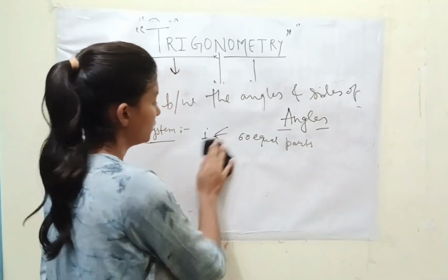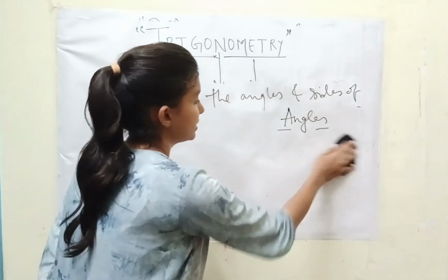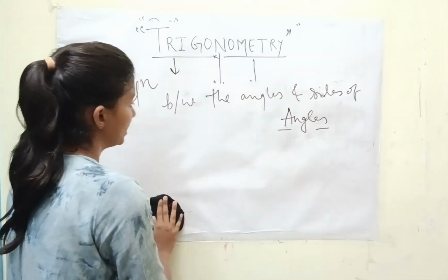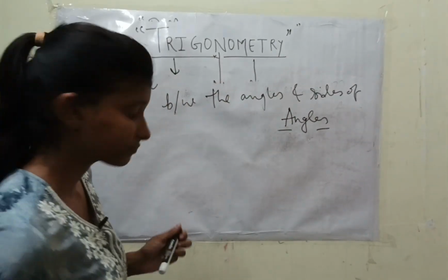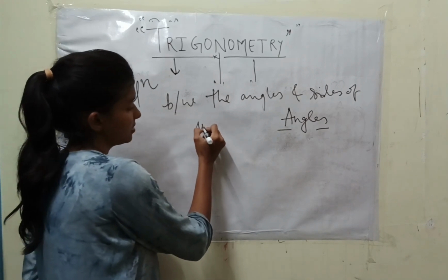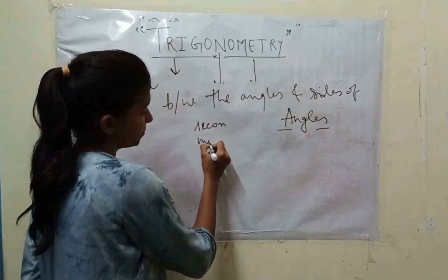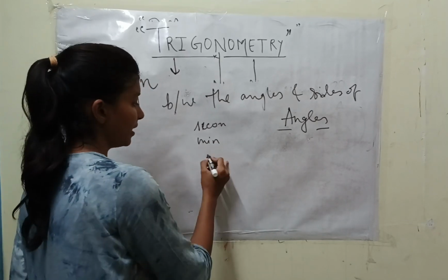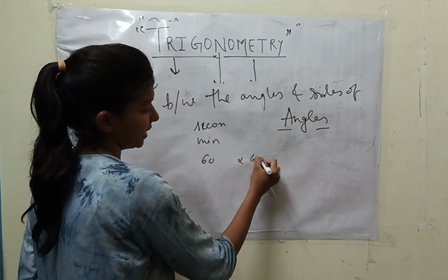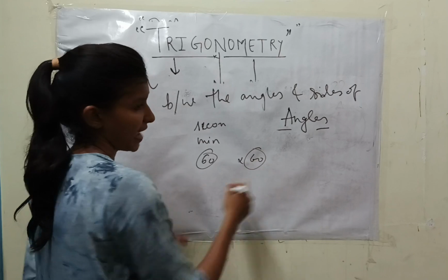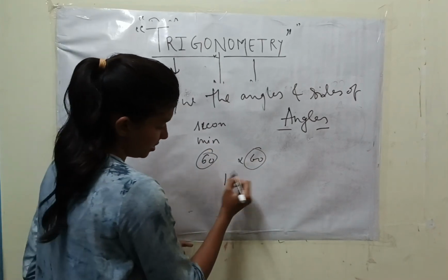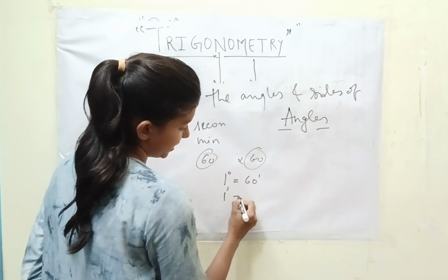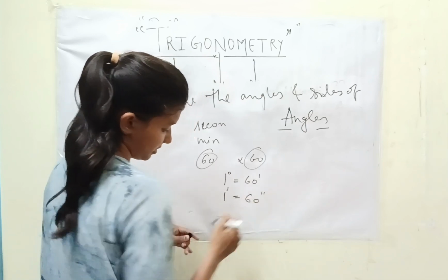With this relation, we can convert angles into our general unit, which is degree. If we are given the angle in seconds or minutes, we can convert them by dividing or multiplying by 60 as the relation suggests. 1 degree is equal to 60 minutes and 1 minute is equal to 60 seconds.